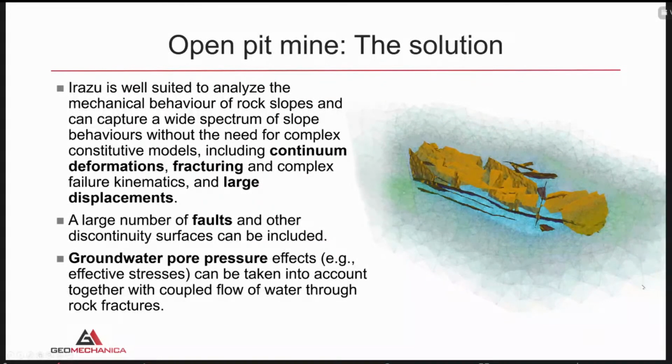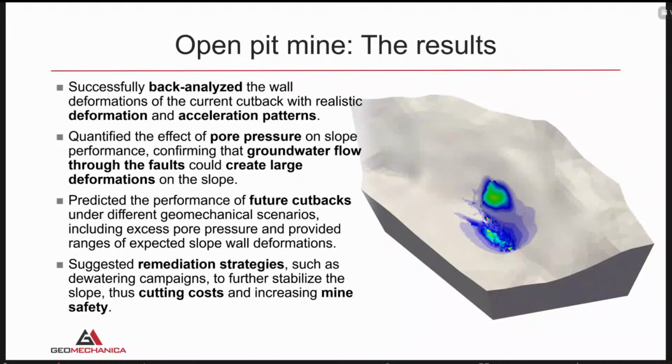Also, we included groundwater pore pressure effects to get the effective stresses, and we took into account coupled flow of groundwater through rock fractures. With this, we were able to successfully back analyze the wall deformations of the current cutback and get realistic deformations and acceleration patterns that matched really well the field observations that the client had gathered over time, including radar readings, extensometer data, as well as prism data.